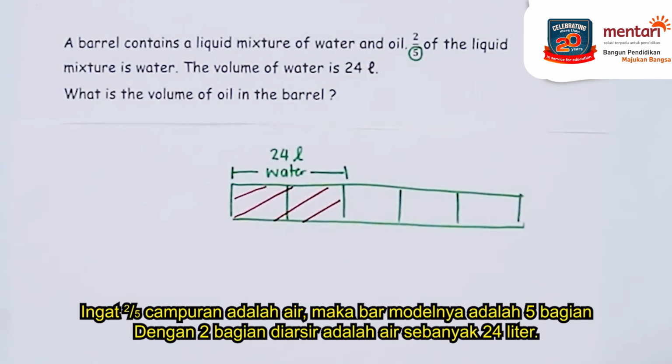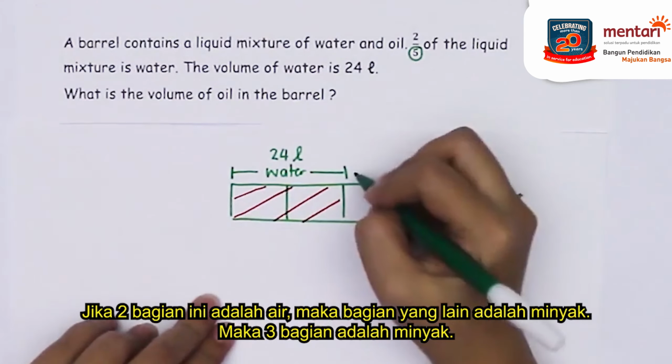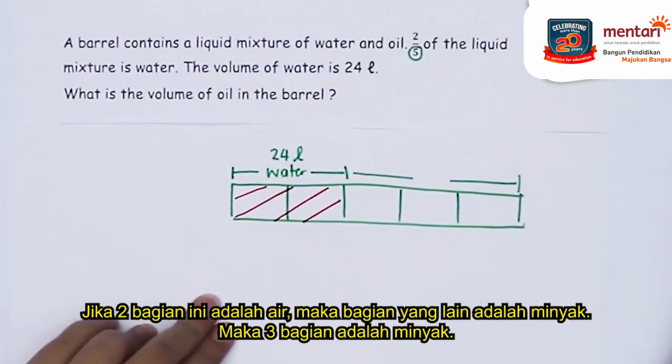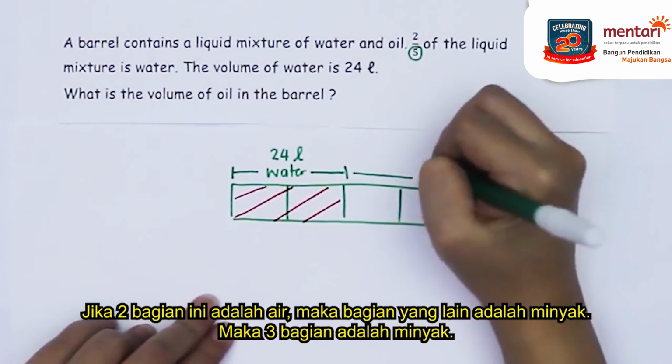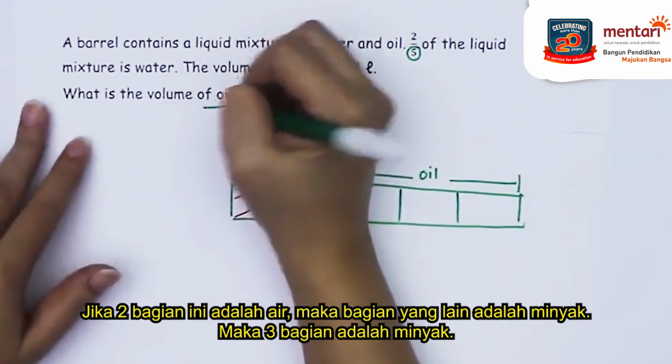Now, what is the volume of oil in the barrel? Remember, the barrel contains a liquid mixture of water and oil. If this is the water, the other parts are what? It's the oil. And we want to know the volume of the oil.